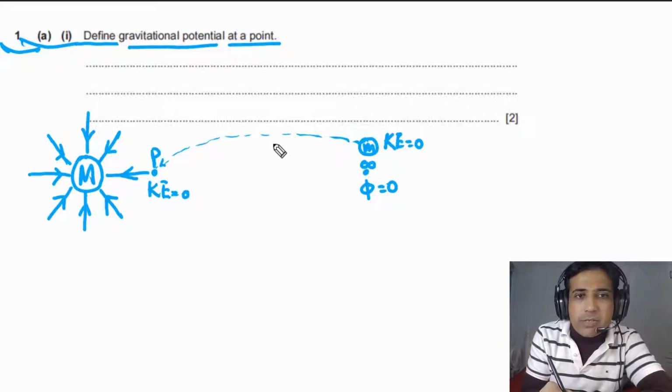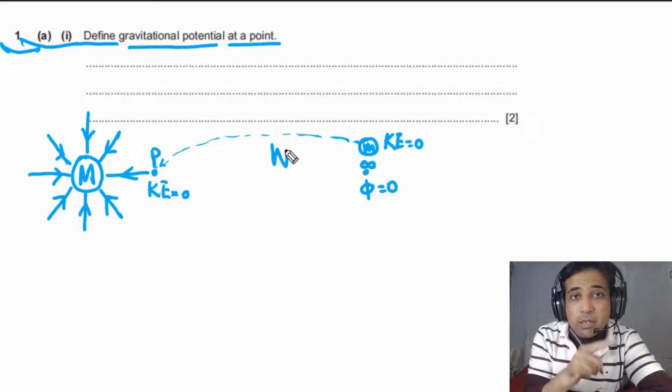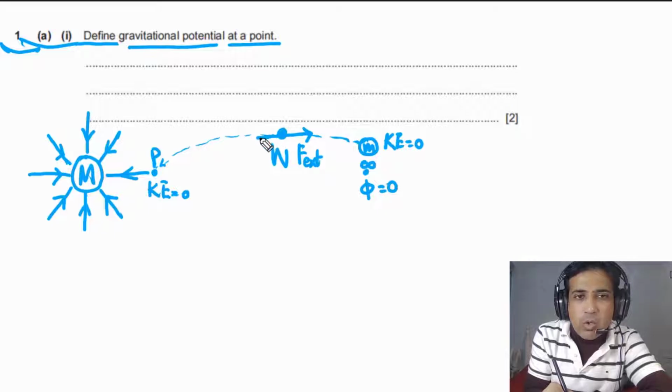It simply means that you have to move this mass very slowly. In order to move this mass very slowly, you have to do work against gravity. So if we look at this point, you have to apply force this way. This is the external force, and this force has to be almost equal to the force of gravity, with very little difference between the two forces.